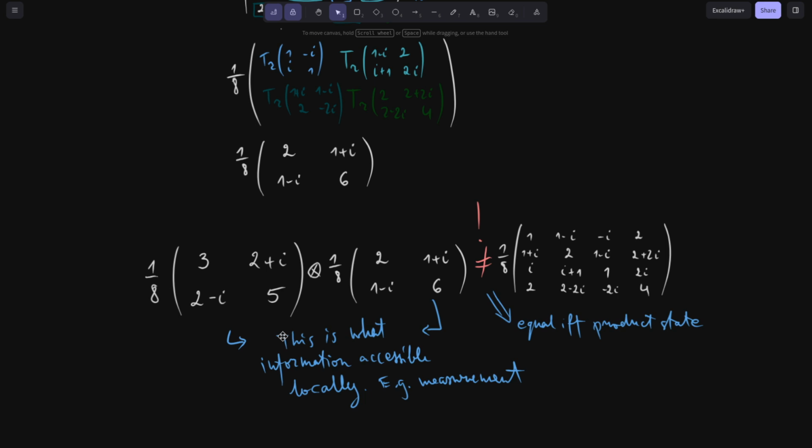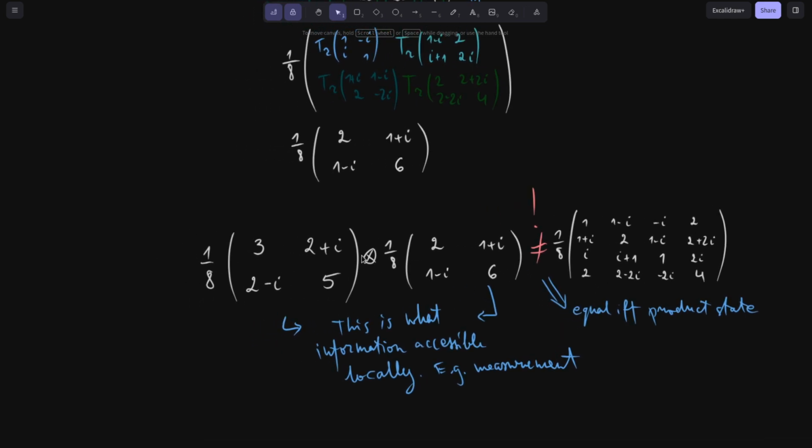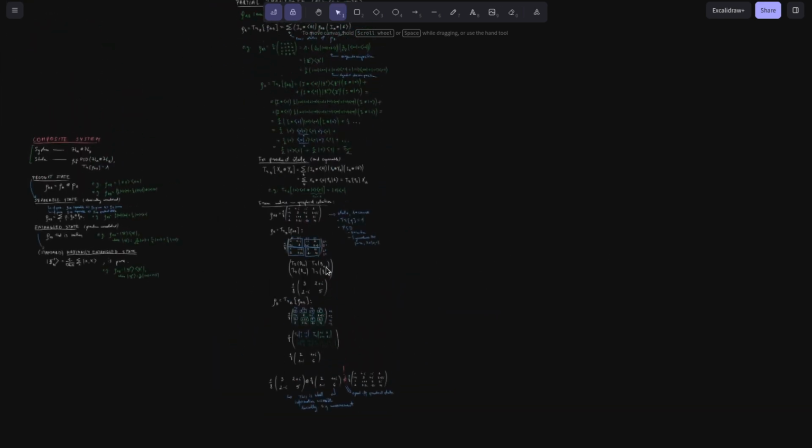We lose information because we are measuring. So again, if we want to extract information from the B system, locally accessible is only the partial trace. For example, for measurement, we're going to see the measurement definition.